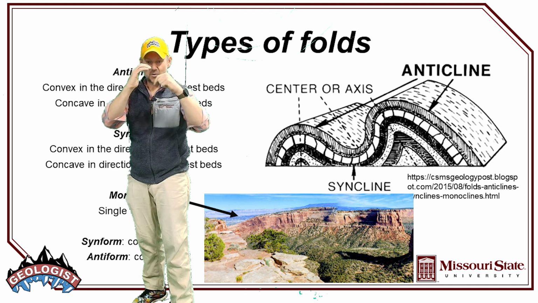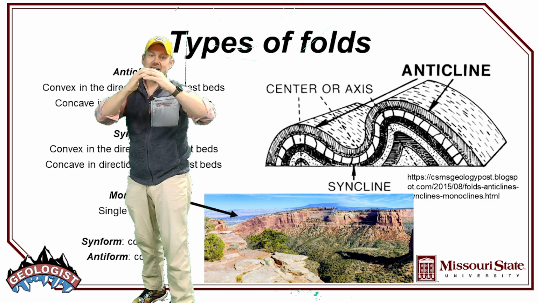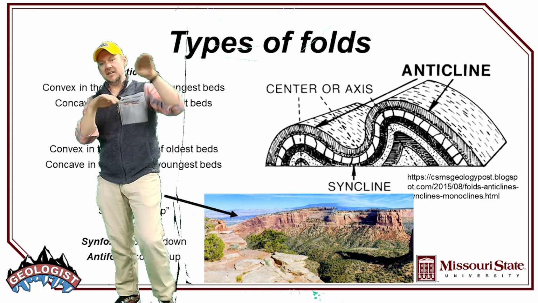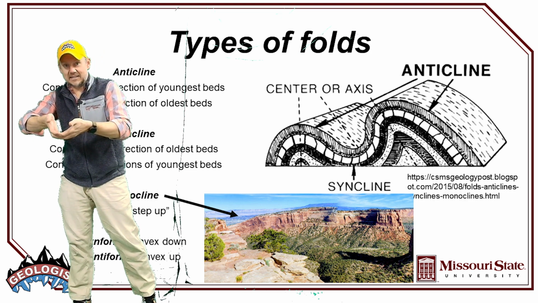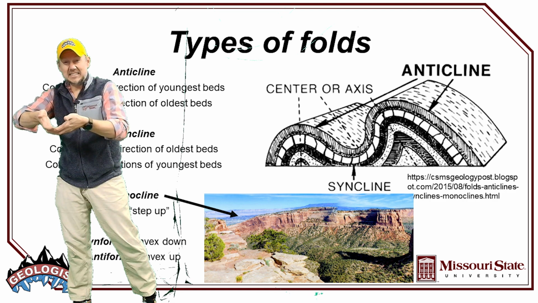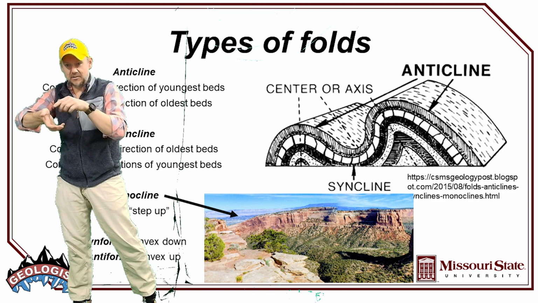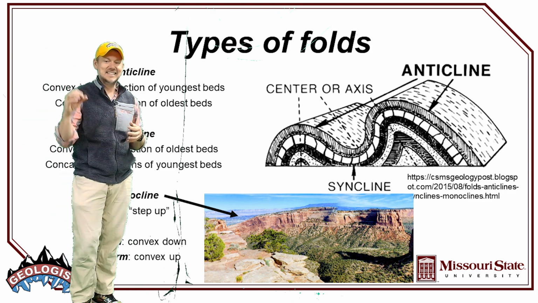If we know that the rocks in the middle are the oldest, then we can classify that as an anticline. Alternatively, we have that fold here. We have the convex down, concave up. That would be called a synform. If we know the age relationships, where the youngest rocks are in the middle and the oldest rocks are on the outside, that would classify as a syncline.